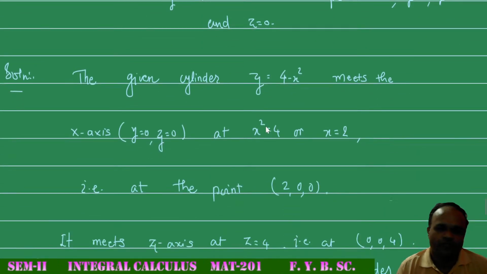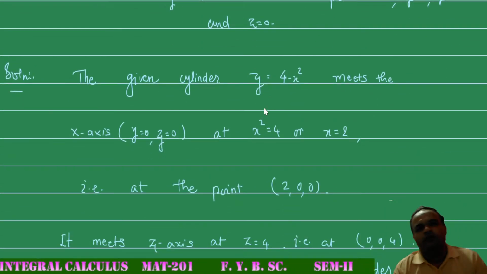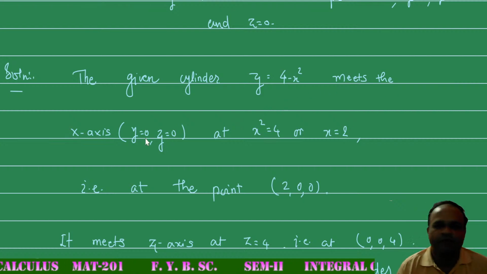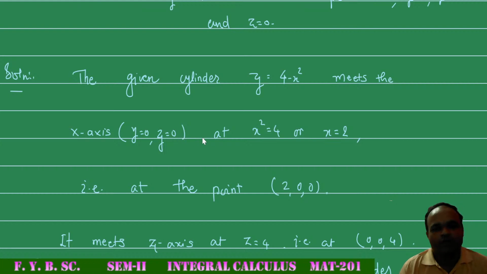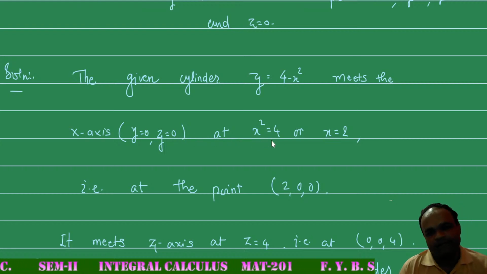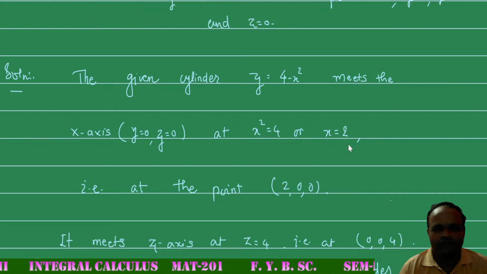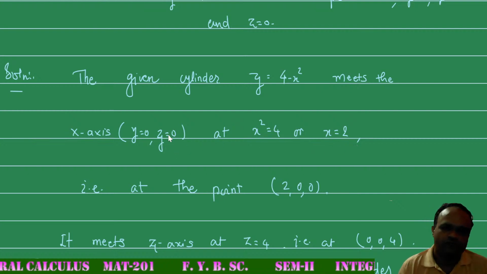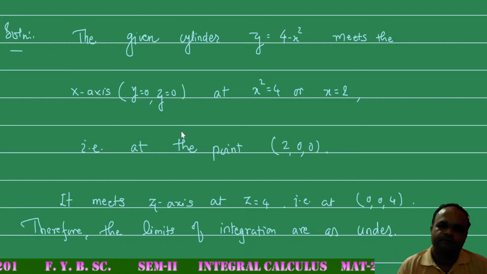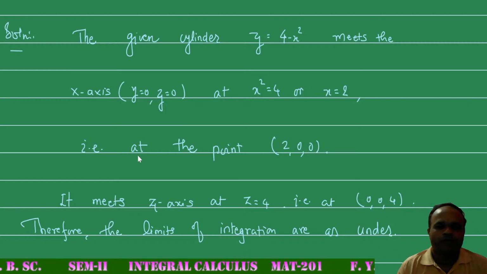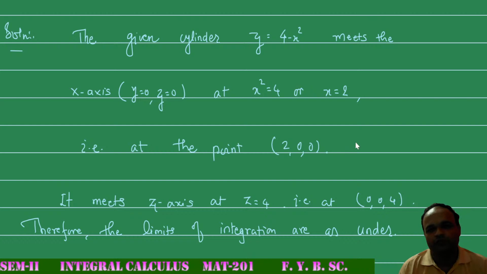So the given cylinder, z equal to 4 minus x square, meets the x axis at y equal to 0, z equal to 0, at x square equal to 4, or x equal to 2. That is at the point (2, 0, 0).